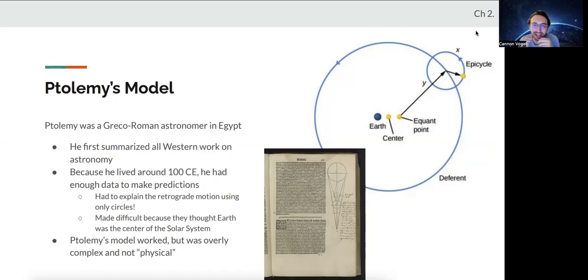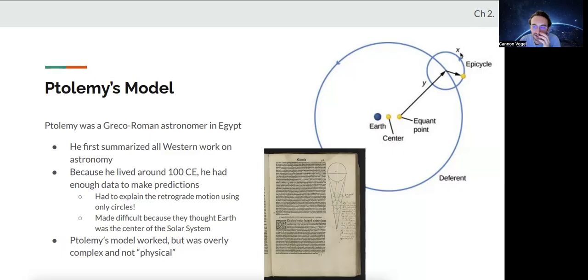And Ptolemy was actually able to do this with enough precision that he could explain and predict the motion of the planet. So in a way, the Ptolemaic model worked. It allowed for prediction, but in another way, it failed because it wasn't actually what was happening. It wasn't physically real. And it was also really complicated.